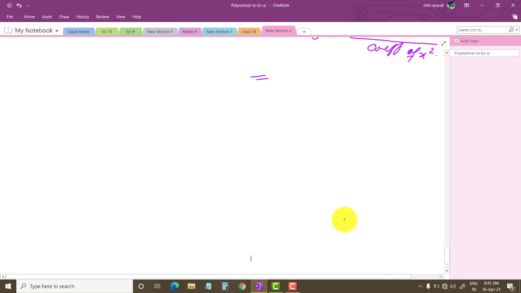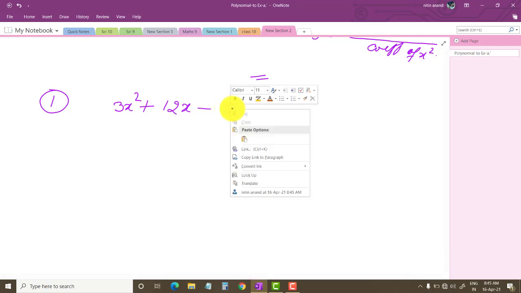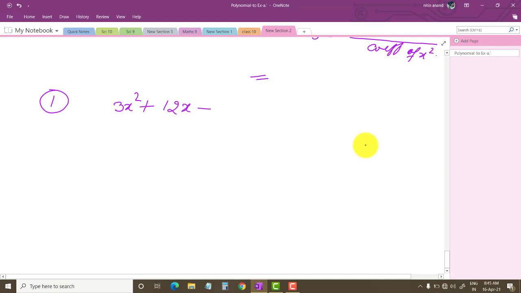Now I am giving you some homework. The first one is 3x square plus 12x minus 8.